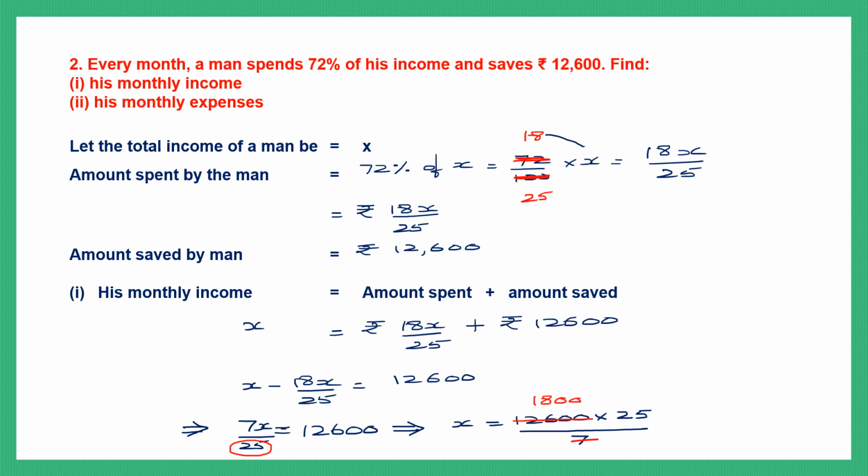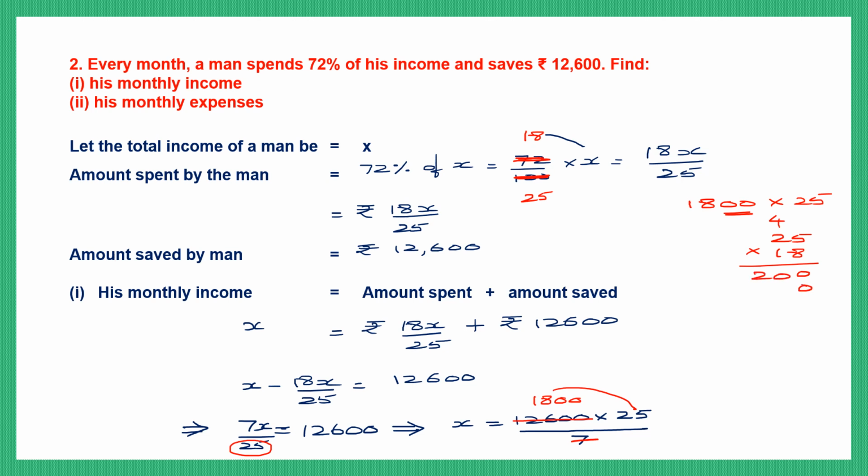So now all I have to do is multiply this. I need to multiply 1,800 into 25. Now let's ignore the two zeros for the time being and multiply only 25 into 18. And then we'll add the zeros later. 8 fives are 40, carry 4, 8 twos are 16, plus 4 is 20.